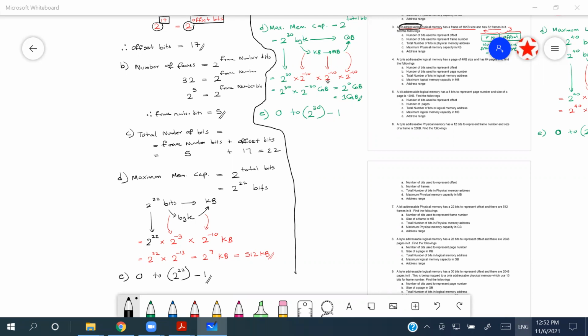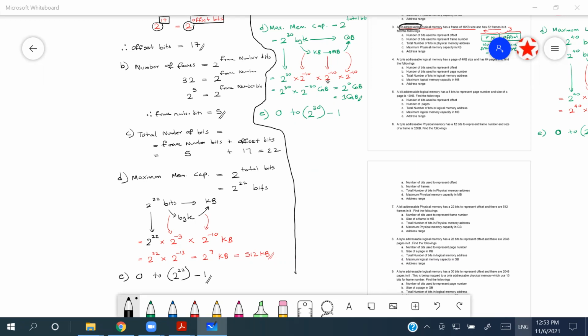Okay, fourth one, 4 KB size, byte addressable.